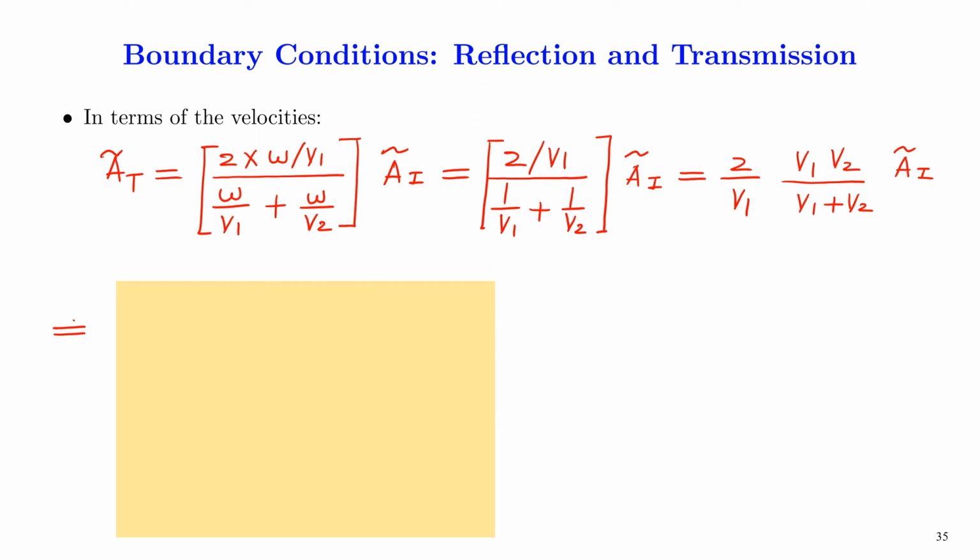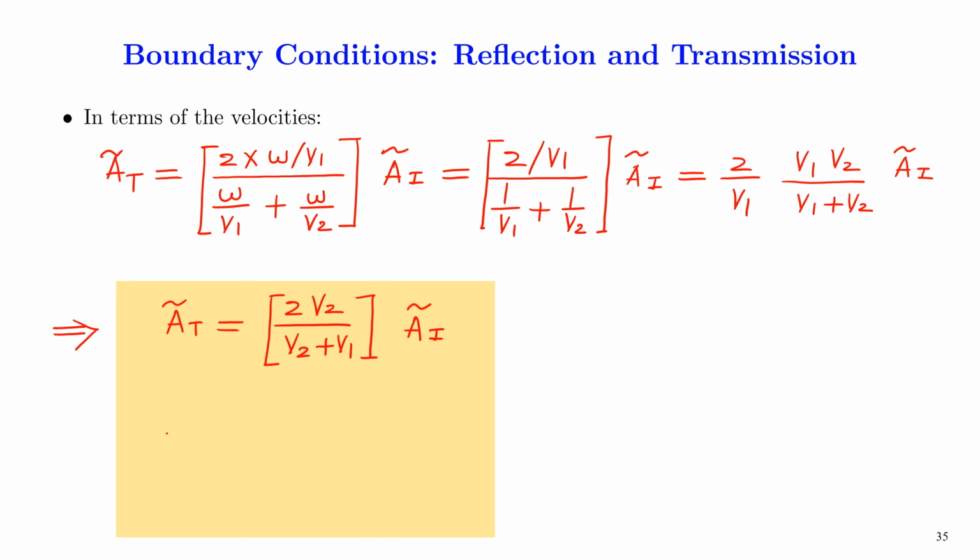From this we have AT equal to 2 v2 divided by (v2 plus v1) multiplied by AI.